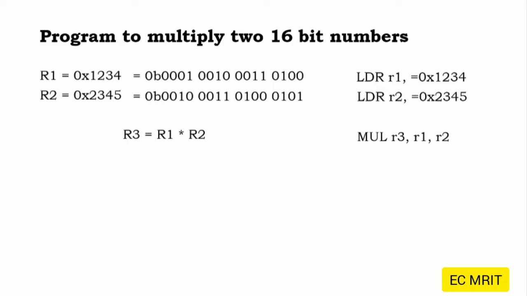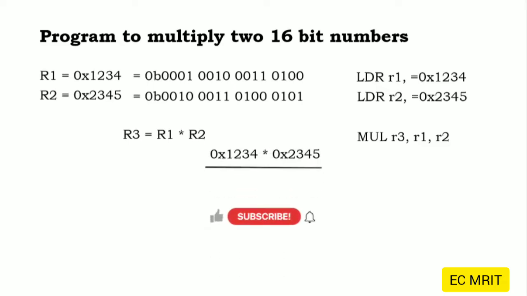This will multiply R1 and R2 and the result will be stored in R3. How is this multiplication performed? We have two hexadecimal values, 1234 and 2345. First it will multiply these two values. We'll go step by step, that is 5 into 4, like that.